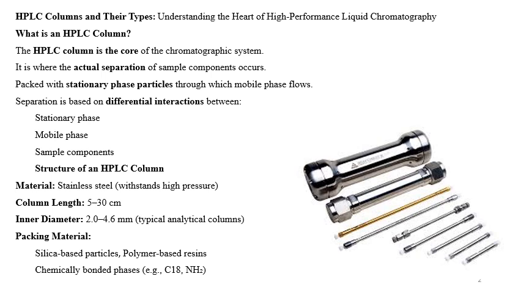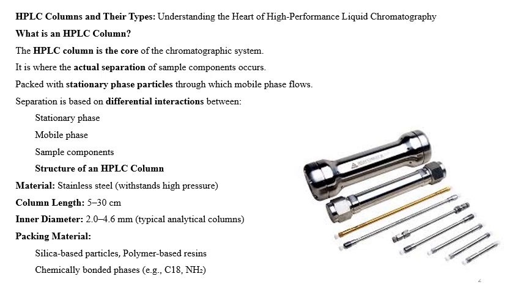The material of the column is stainless steel, which can withstand the high pressure, and generally the column length is 5 to 30 centimeters with an inner diameter of 2 to 4.6 mm for typical columns. The packing materials are silica-based particles, polymer-based resins, or chemically bonded phases like C18, C8, and some others.